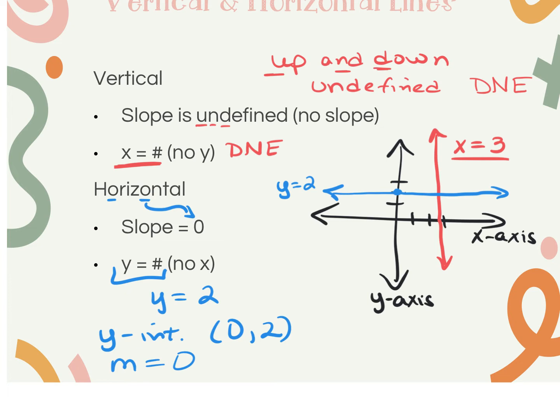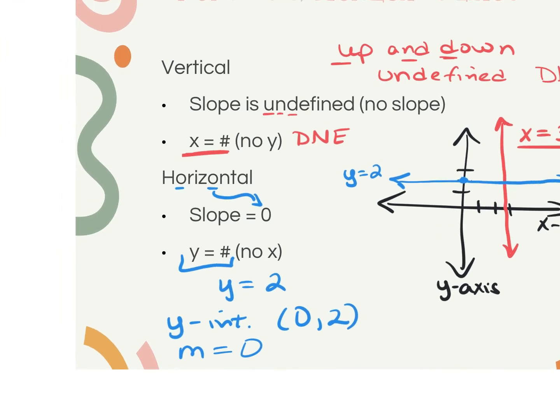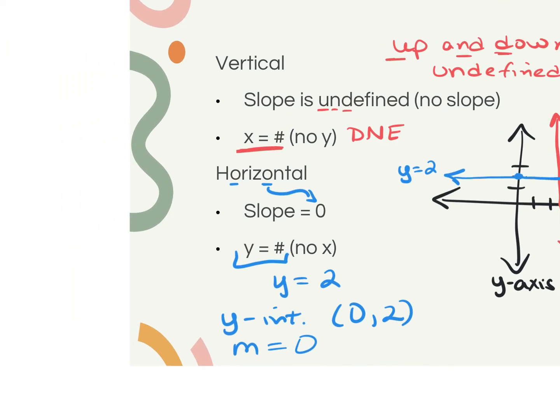Now, when you do the slope formula, remember your y2 minus y1 over x2 minus x1, whenever you do that calculation, what's going to end up happening when it's horizontal is you're going to get a 0 in the numerator and then a number in the bottom. Whenever it's vertical, you're going to get a number in the top, but then you're going to get a 0 in the denominator.